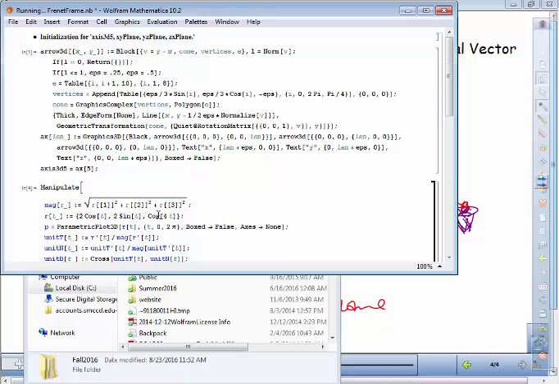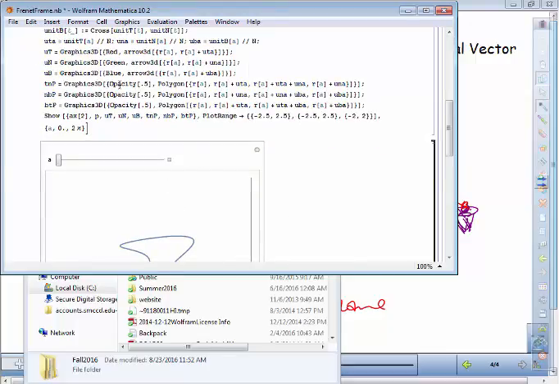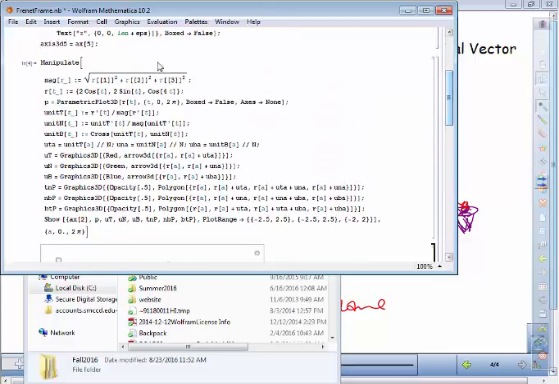So my function is kind of like that roller coaster. It's 2 cosine t, 2 sine t, and then I have a trig function that makes it go side to side.